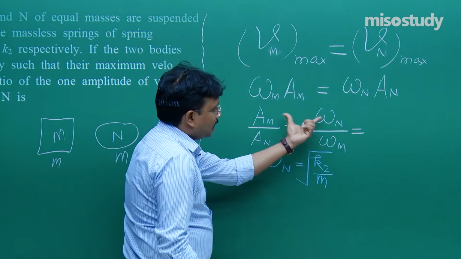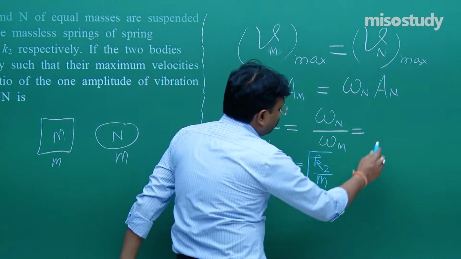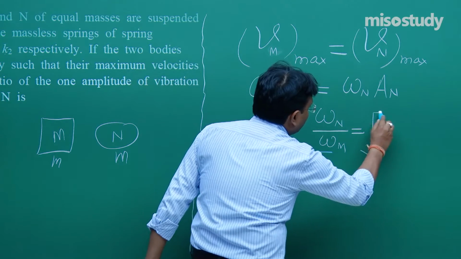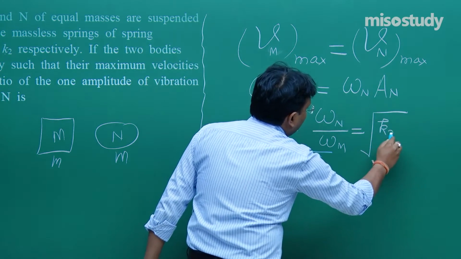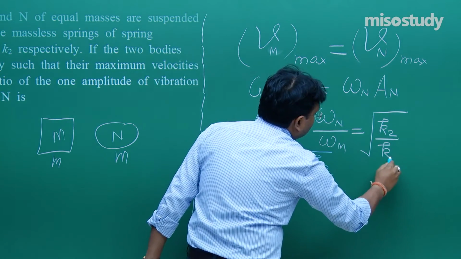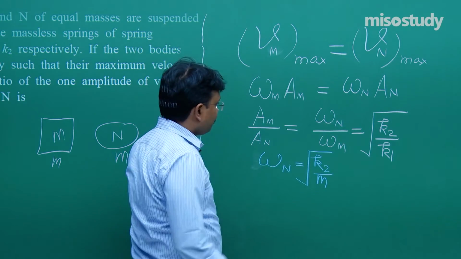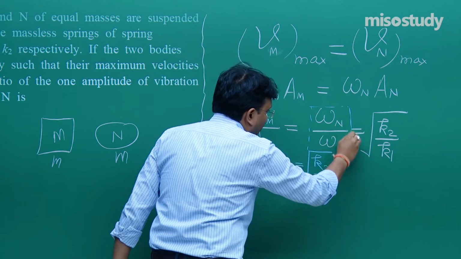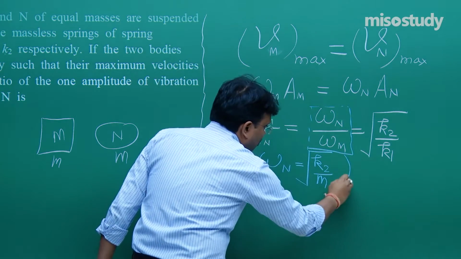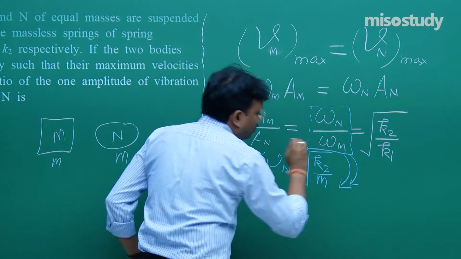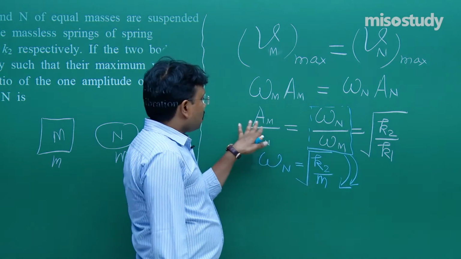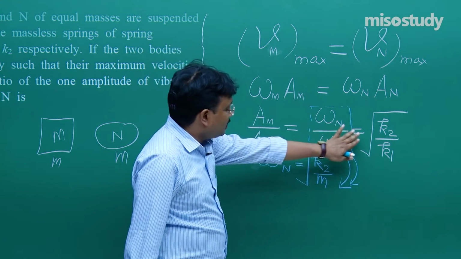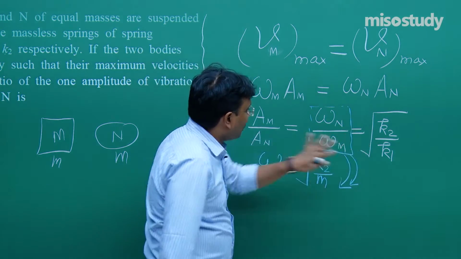By putting the values and solving, you will get it as K2 by K1. Simple. This is because of this replacement of values. So A_M upon A_N is equal to under root K2 by K1.